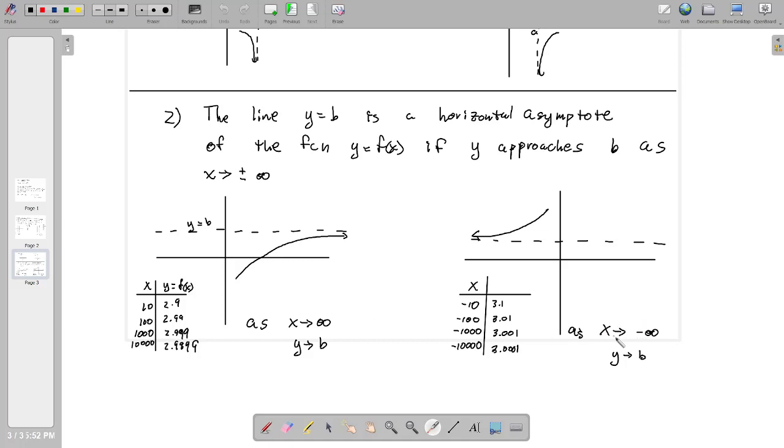And if y goes to a value as x goes to negative infinity, then we have a horizontal asymptote. Maybe y goes to a different value as x goes to positive infinity. Then you would have a different horizontal asymptote. But you can't have another infinity. X will never approach a third infinity. There's only 2. You have positive infinity and negative infinity. There's only a possibility of having 2 horizontal asymptotes.